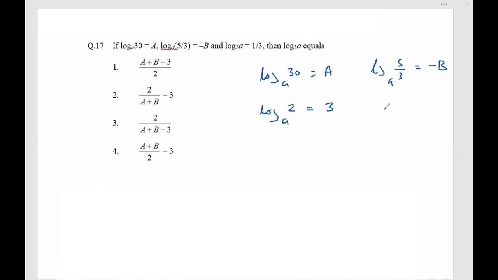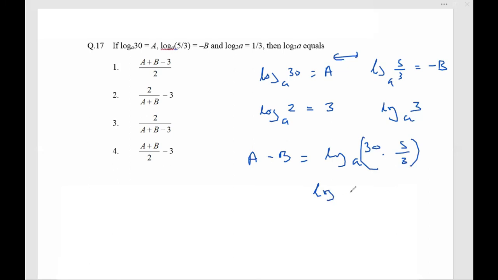And my first step would be calculating log of 3 base a. If I add this to value, what I'll get, A minus B is equal to log of 30 base a into 5 by 3.